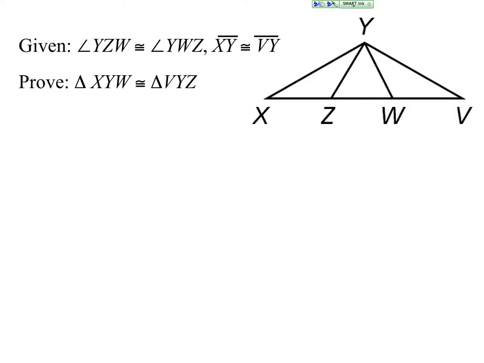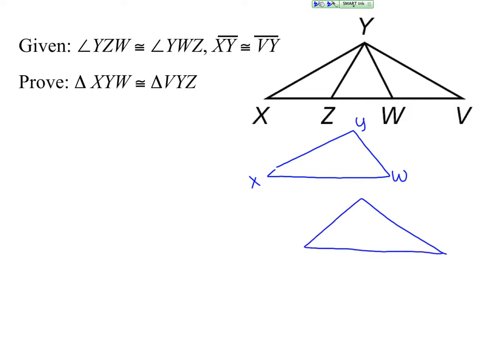We're trying to get XYW. Okay, that's kind of a big one here, so let me draw triangle XYW. We're trying to get congruent to VYZ. I might have to write my proof on the board. Let's see, that's a Y. And a Z.